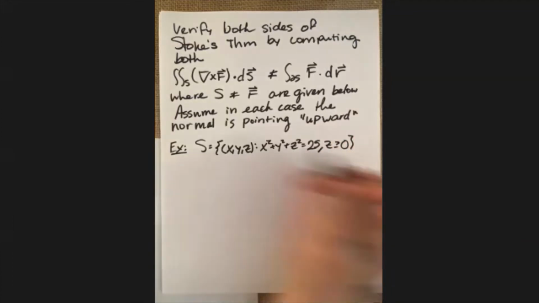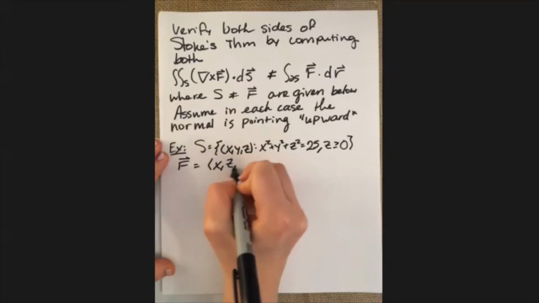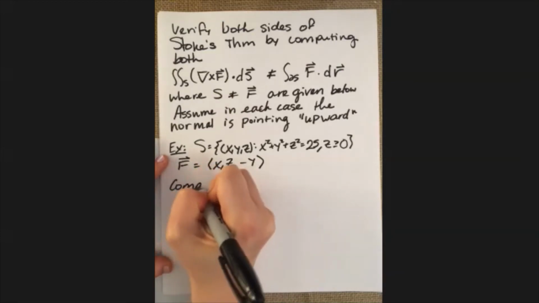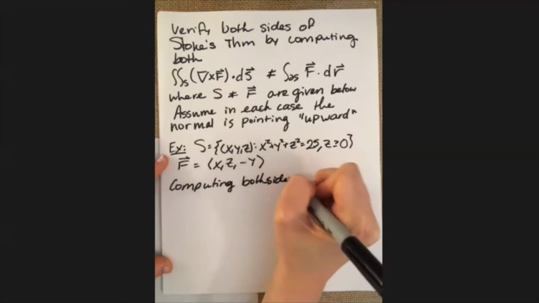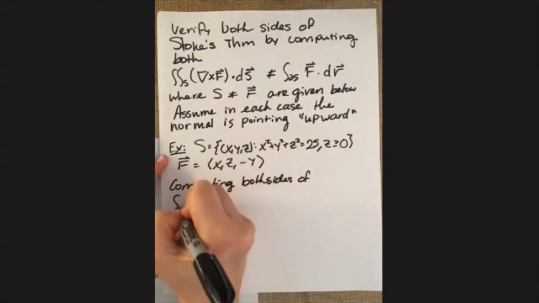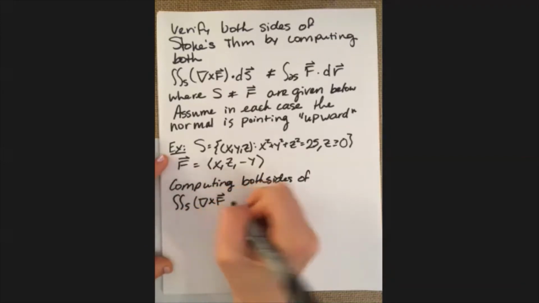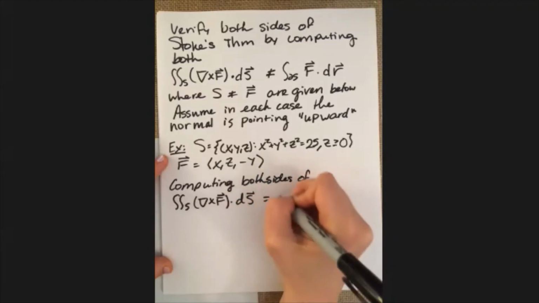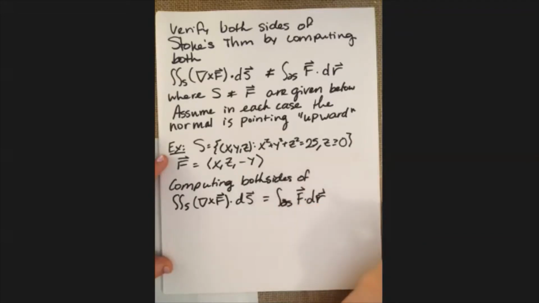So our vector field is going to be F = (x, z, negative y). And again, we are computing both sides: the double integral over S of the curl of F dot dS, and the integral over the boundary of S of F dot dr, like so.